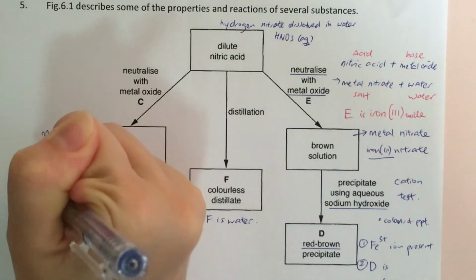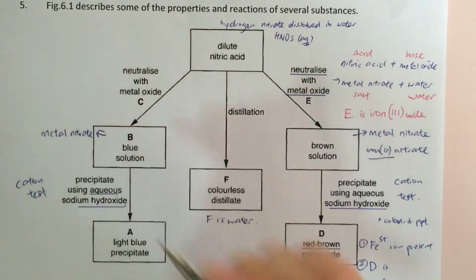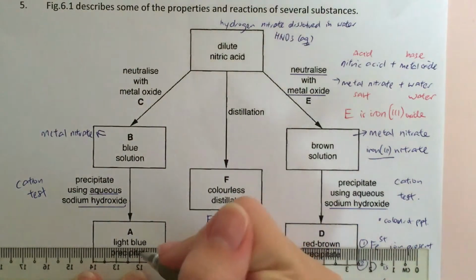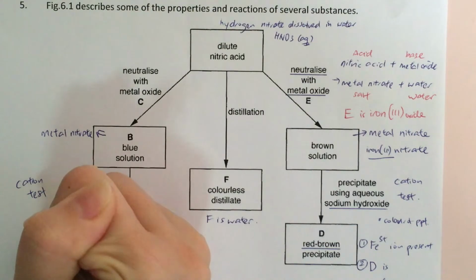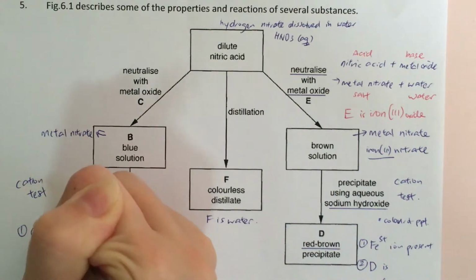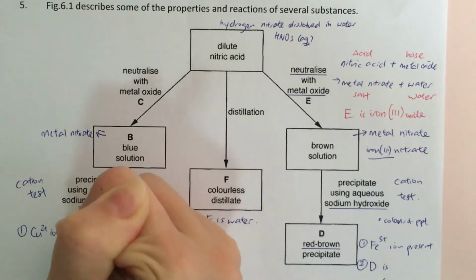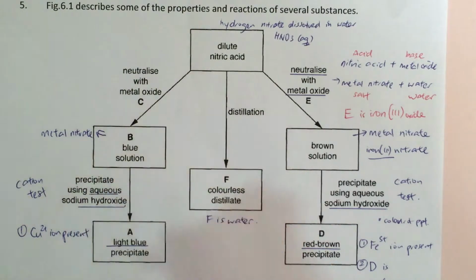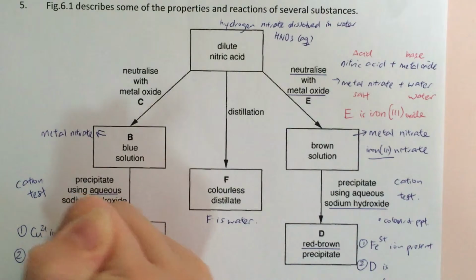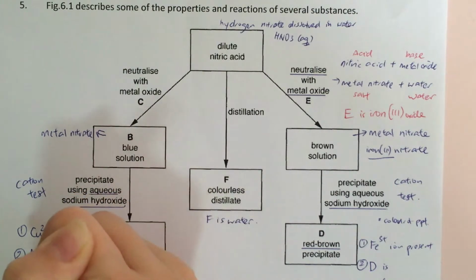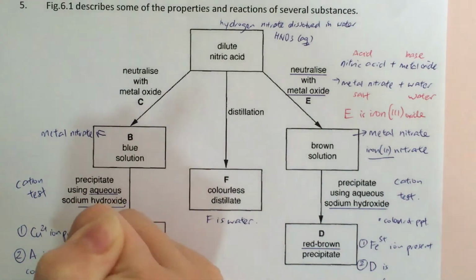A cation test. Which means that it could be a PPT, right? So it's a light blue PPT. It tells you that number 1, Cu2+ ion is present. And number 2, the name of this precipitate, A, is copper 2 hydroxide.